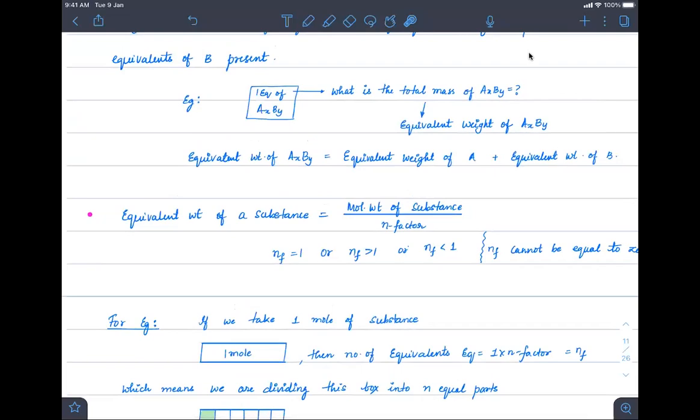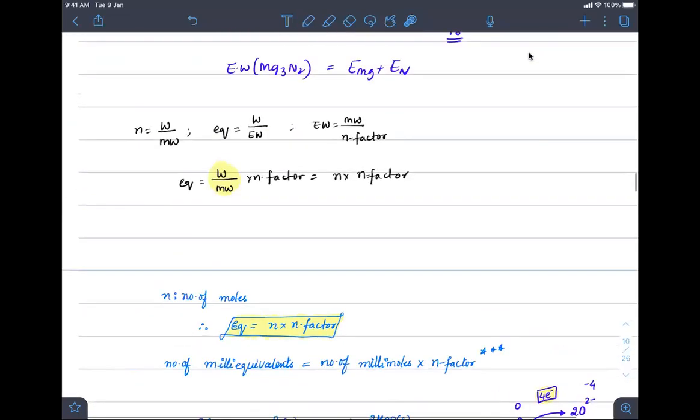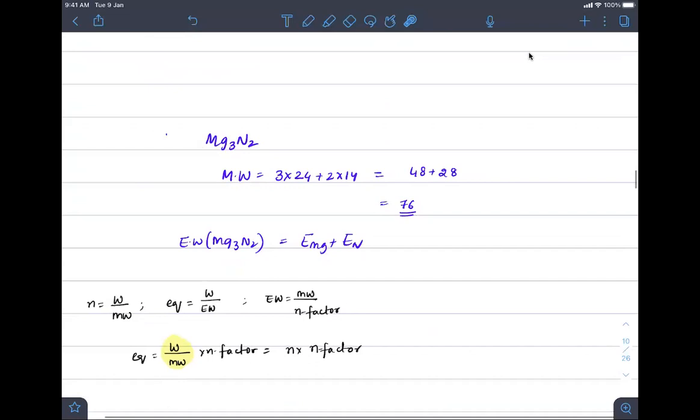In general, when we talk about molecular mass, the other day I told you that for Mg3N2, for example, if I asked you to write the molecular weight of that molecule, what do we do? We take this 3, multiply with the atomic mass, plus 2 into the atomic mass, and in total we get 76.